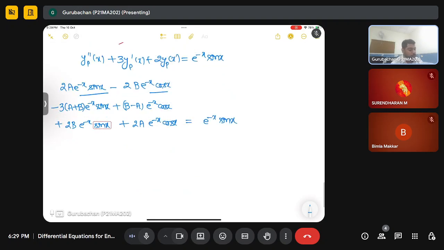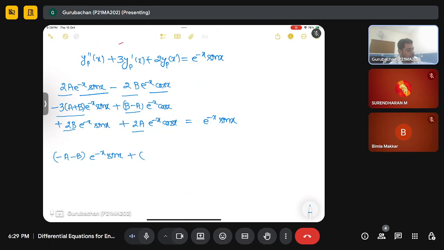so if you try to solve it, from here this is minus 3a minus 3b plus 2a plus 2b, so we will be left with (minus a minus b) e to the power minus x sin x. Next will be minus 2b, b minus a, and plus 2a.